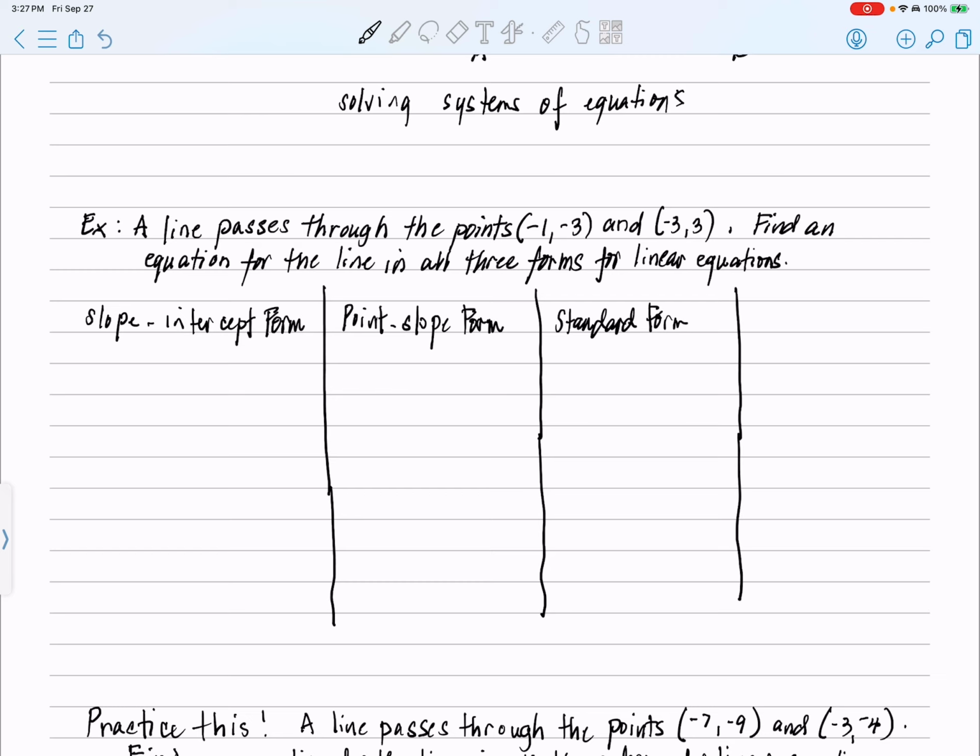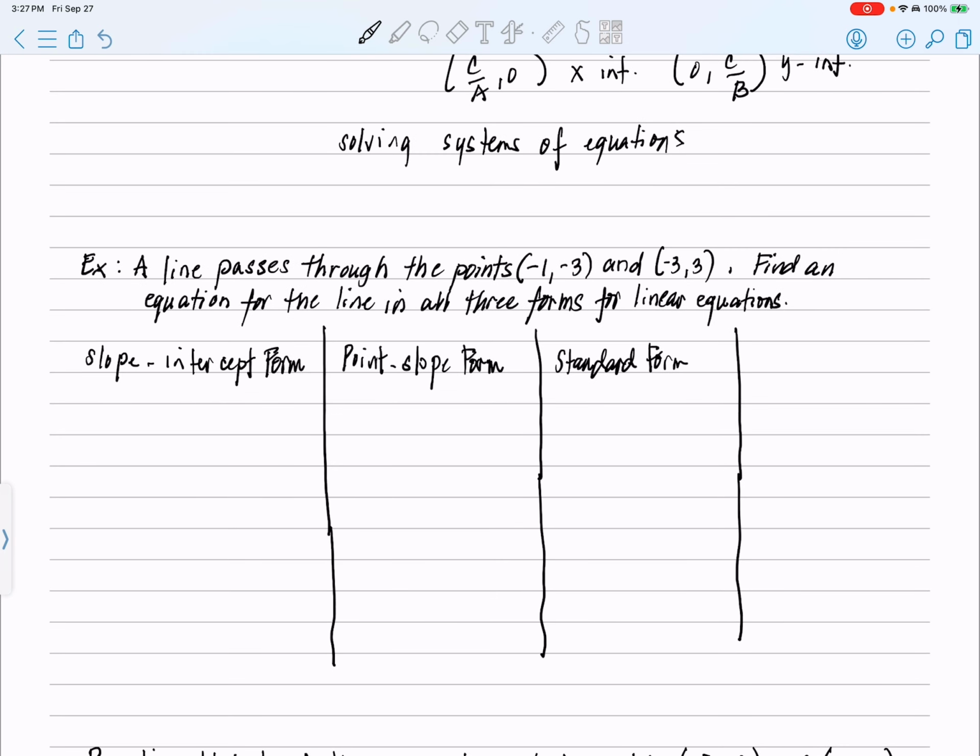When we look at the problem, if I write the formula for slope-intercept form, we have f of x equals mx plus b. I might as well change the f of x into y. So that's why we have y equals mx plus b. The problem is we don't have the slope yet. And it's still the same thing in point-slope form.